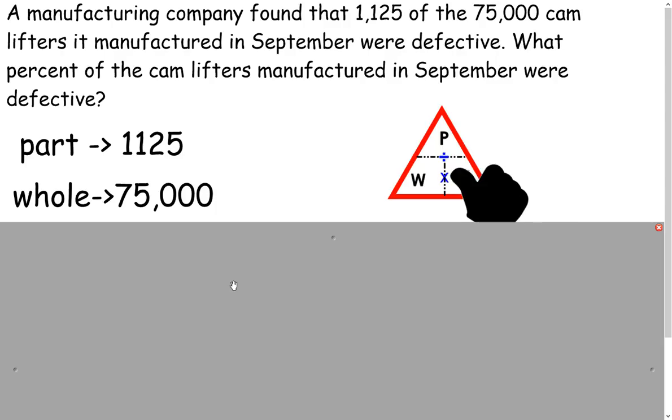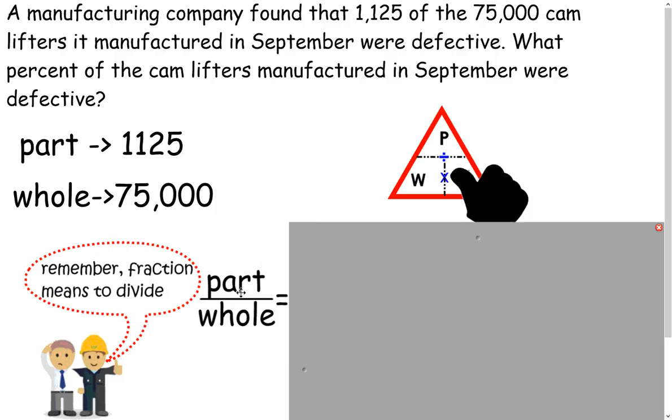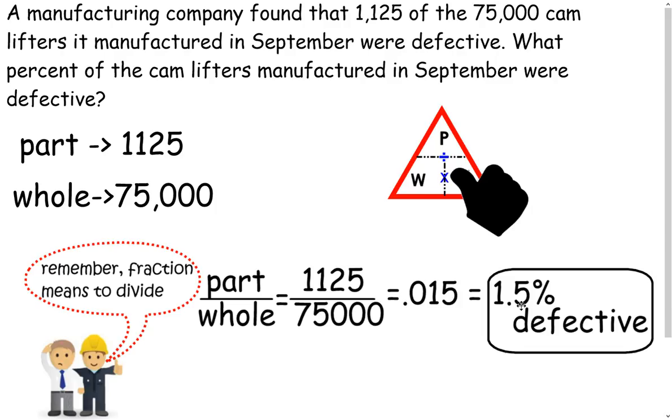Looks like part divided by whole, that we're finding. Remember, when you have a fraction like this, it just means divide, just means part divided by whole. So we've got those two numbers divided by each other. You get 0.015. We're moving our decimal place over 1, 2, and we get 1.5% defective.